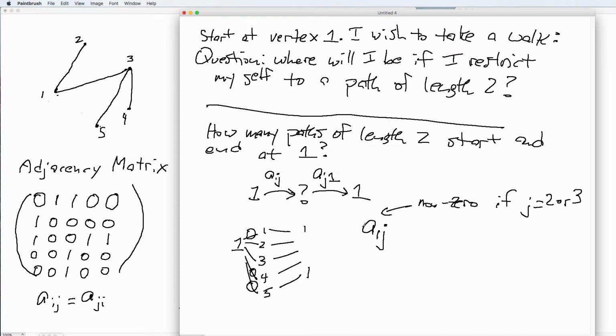Okay? So what we basically are looking at over here is, think about it, we're talking about going from 1. This one right over here is going from 1 to 1 and then from 1 to 1.